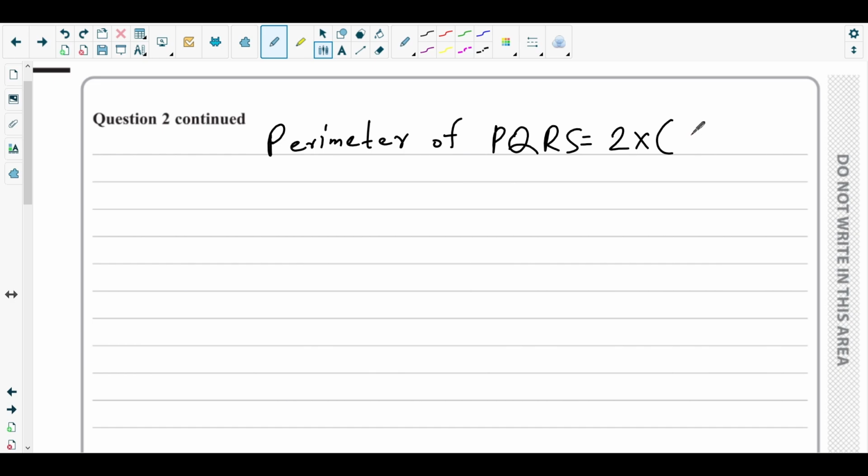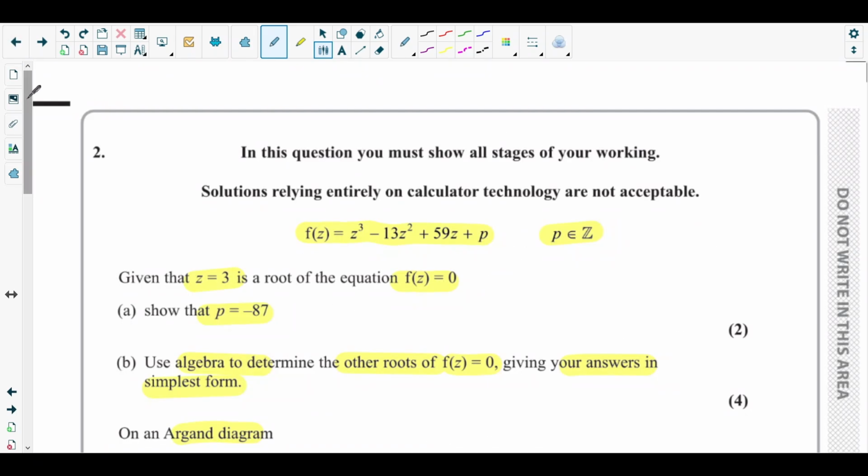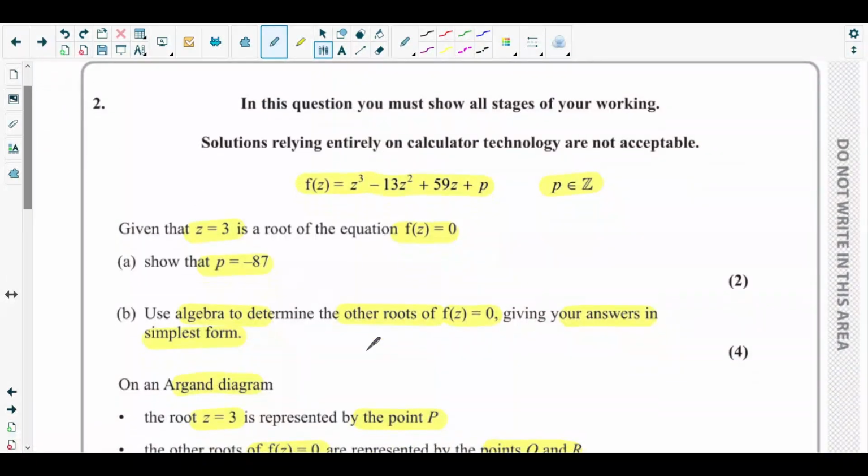So PQ is 2 square root of 2, and SQ is 10 square root of 2. So 10 square root of 2 plus 2 square root of 2 is 12 square root of 2. So 12 times 2 is 24 square root of 2 units. That's the perimeter of the quadrilateral PQRS. And that's the end of question number 2.